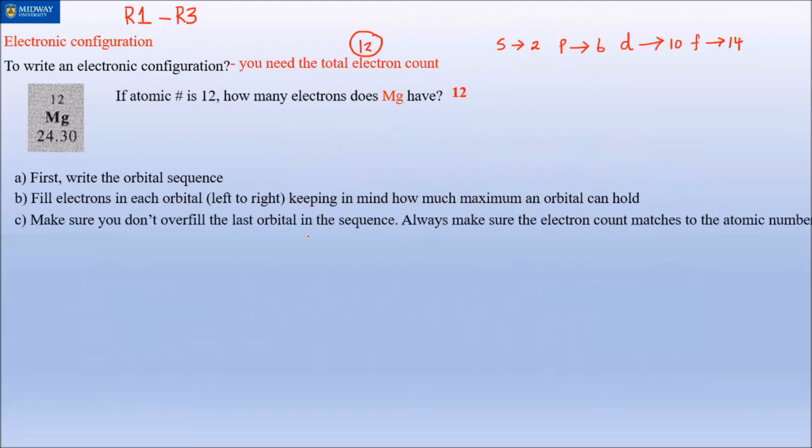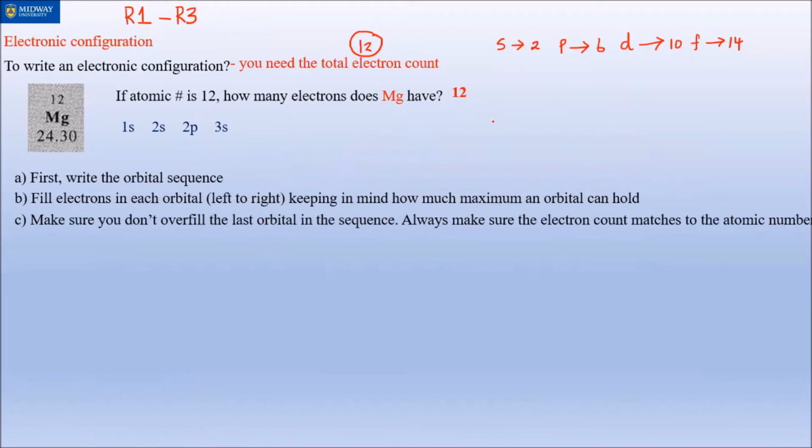And the final rule: make sure you don't overfill the last orbital in the sequence. Always make sure the electron count matches the atomic number. What do I mean by that? I'm going to actually show it to you. First, write the orbital sequence. What I mean by that is, magnesium is in the third band.